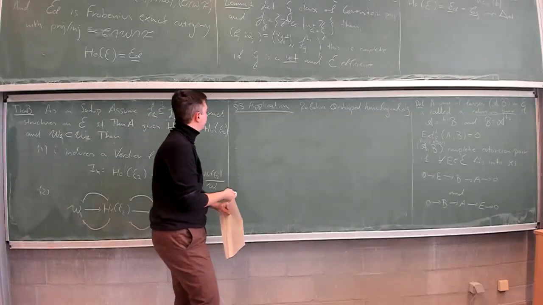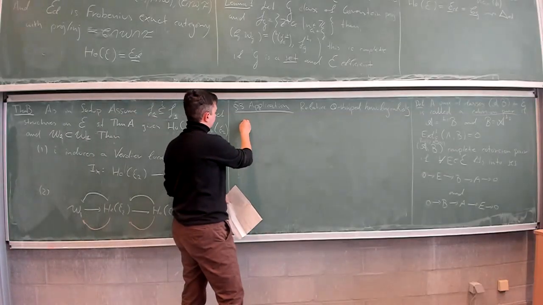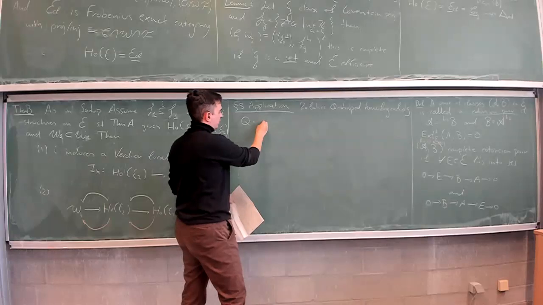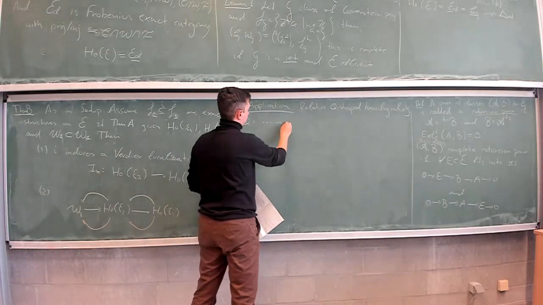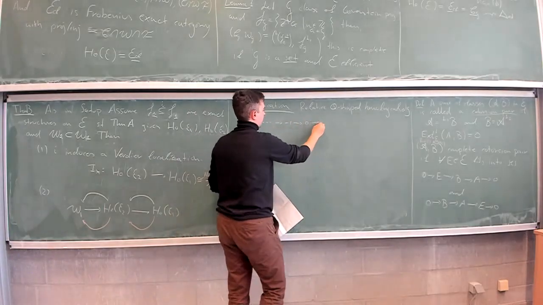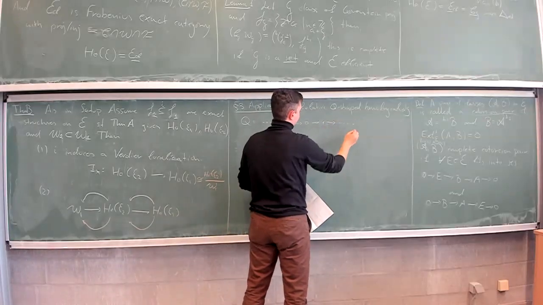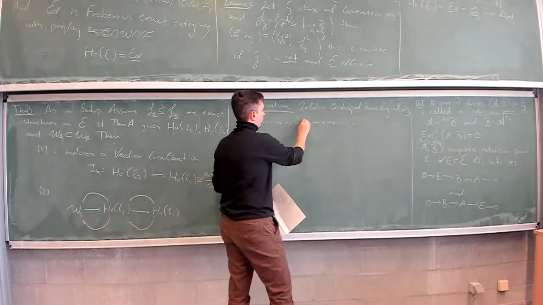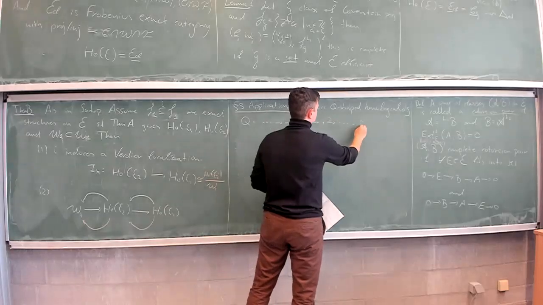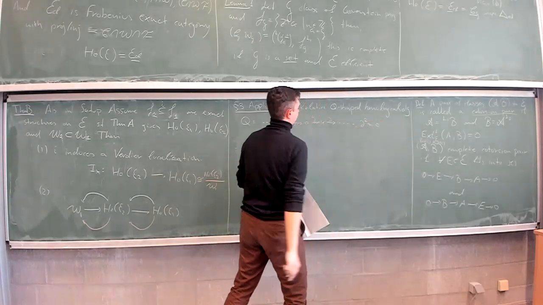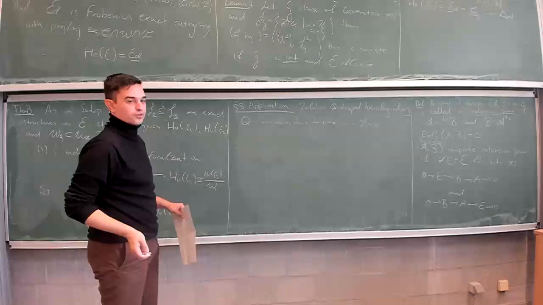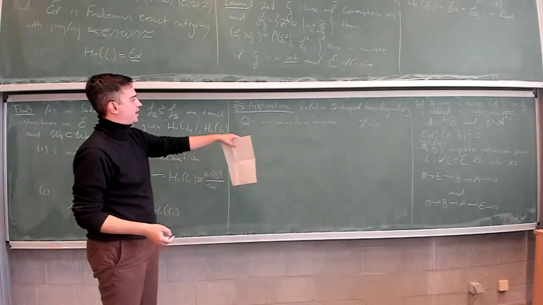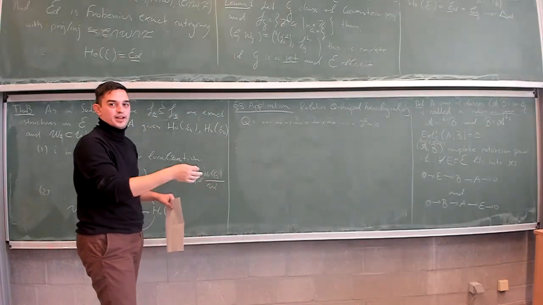What is a chain complex? Let's say that it's a diagram Q indexed by the integers, and you have some arrows here such that the composition of any two consecutive arrows goes to 0. Now, this diagram is called a quiver because it's an oriented diagram.